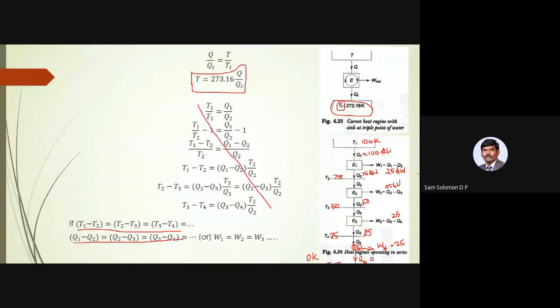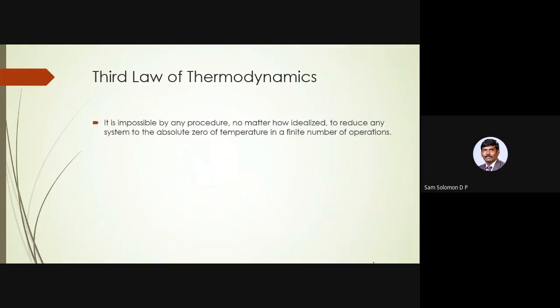We tried to bring the temperature from 100 Kelvin to 0 Kelvin by a series of operations. But when we tried doing it, we came to a situation where heat rejection becomes 0, which is not possible according to the second law of thermodynamics. So we conclude that reaching absolute 0 by a series of operations is not possible, and that is called the third law of thermodynamics.